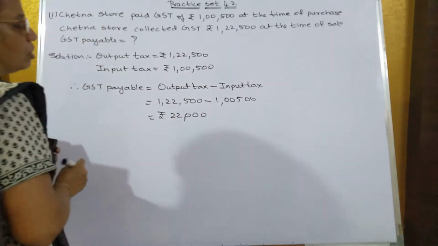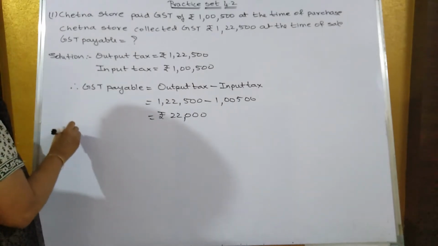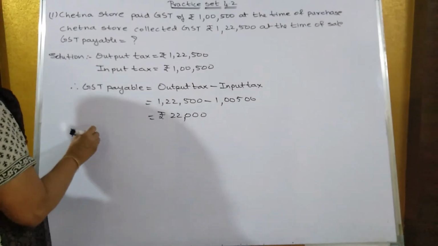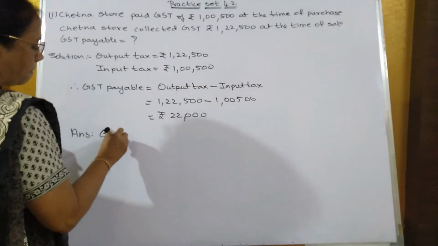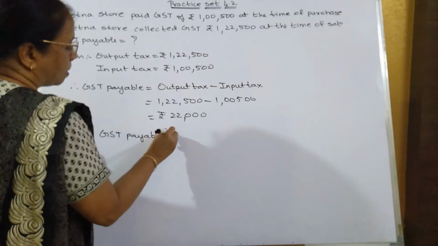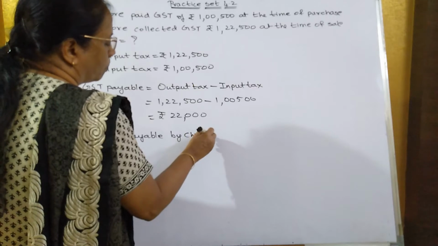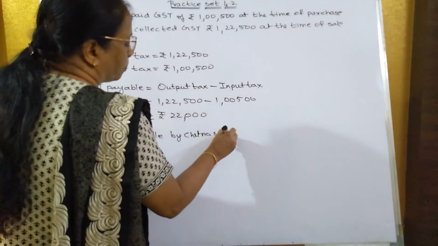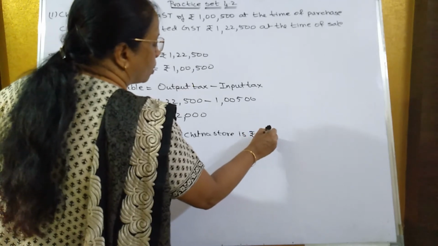So that's equal to rupees 22,000. So what is the answer? GST payable by Chetna Store is rupees 22,000.